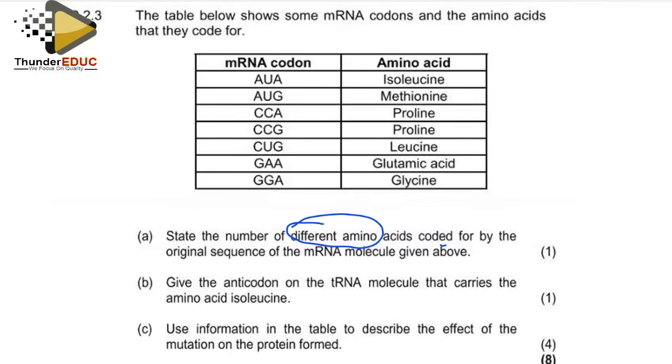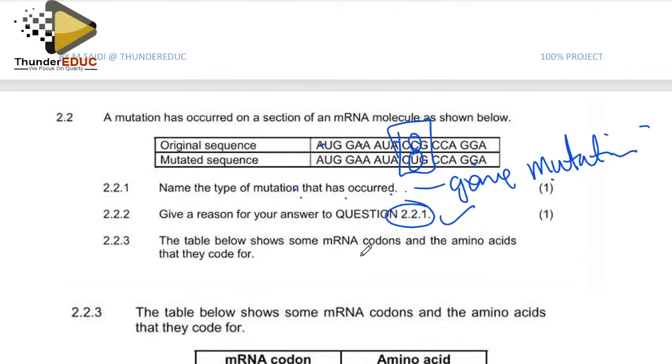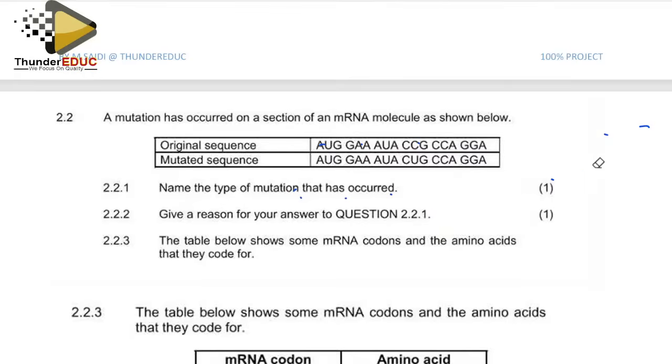They're not saying how many of them, they want to know how many are different. We have to check and see, do they code for the same information? If they don't code for the same information, what are they coding?